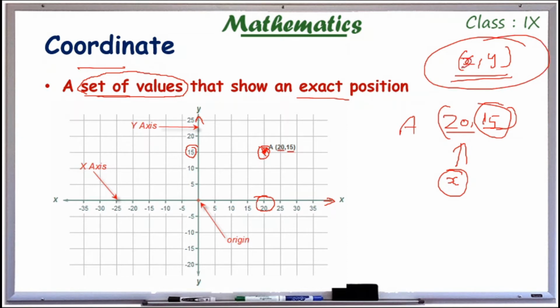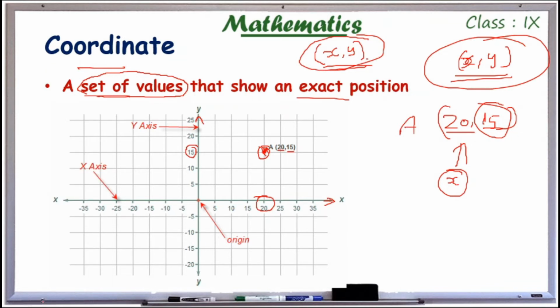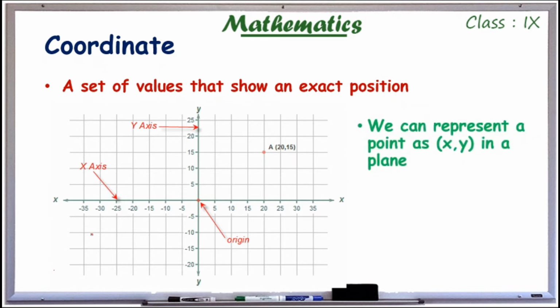This is very important. In order to represent a point, you have to write this bracket (x, y). So in order to represent a point in a plane, we can represent it as (x, y). This is the form.